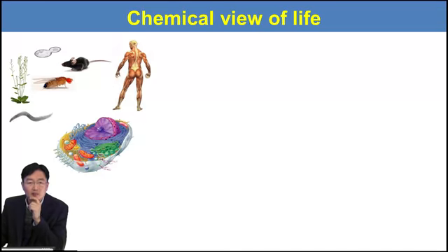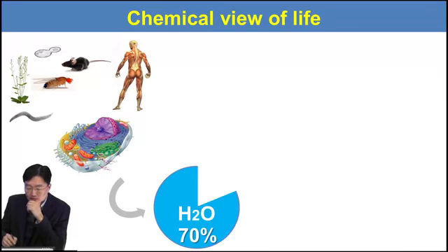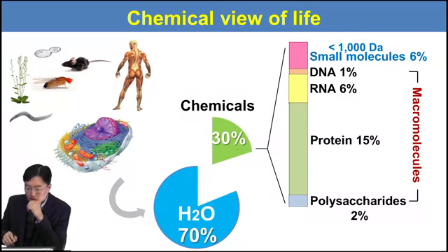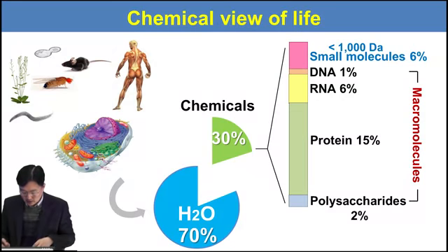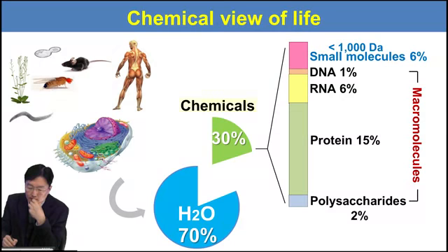So by definition, metabolism is the transformation of chemicals in living cells and living organisms. So what types of chemicals do we have? You're looking at plants and fungi and mouse and humans and worms and cells. What types of chemicals are involved in the activities of life? As you know, water takes 70% of living cells. The remaining 30% of chemicals are further categorized into different classes.